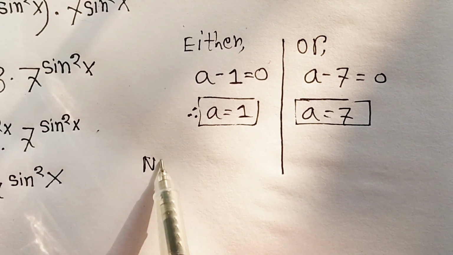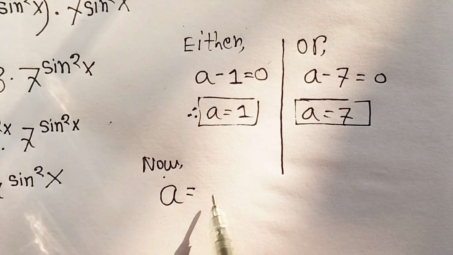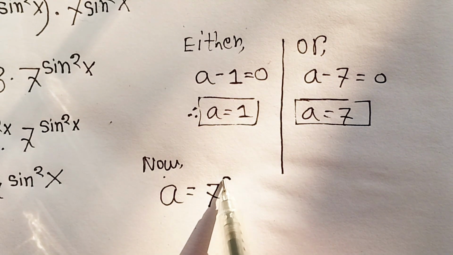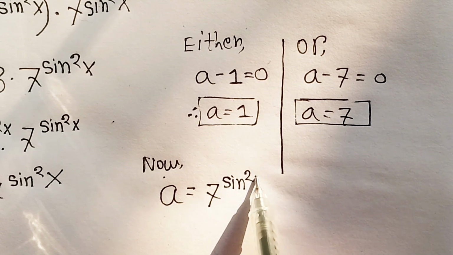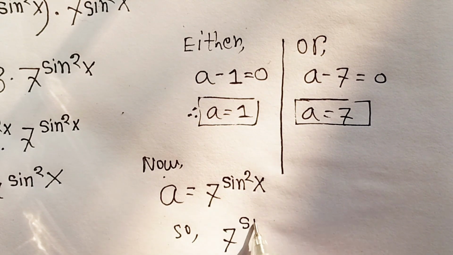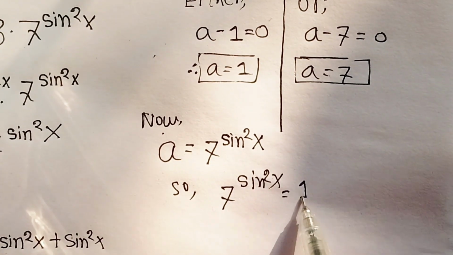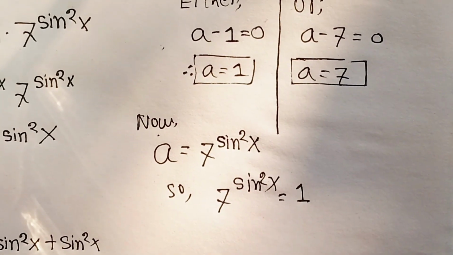We know that the value of a is equal to 7^(sin²x). We just replace the value which was taken previously. So now we get 7^(sin²x) is equal to 1.